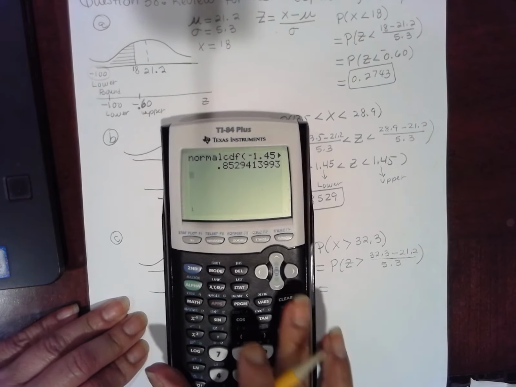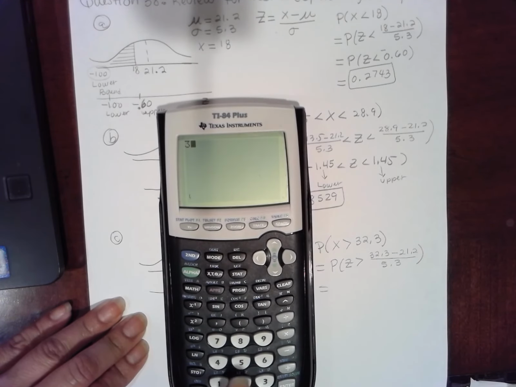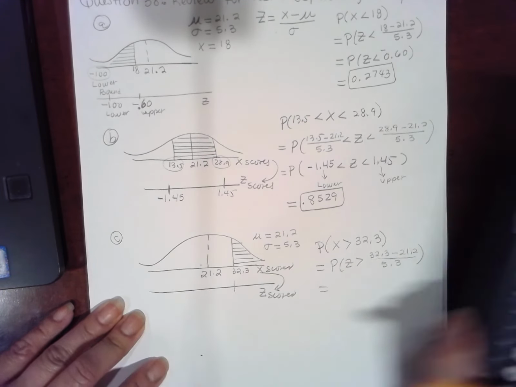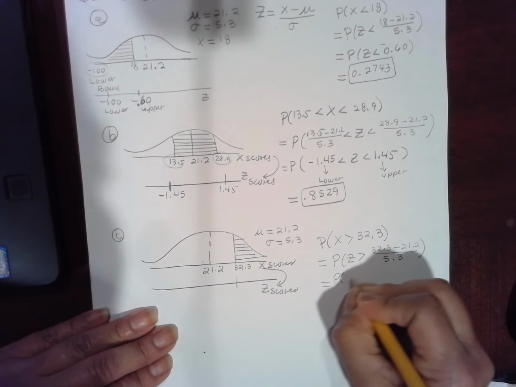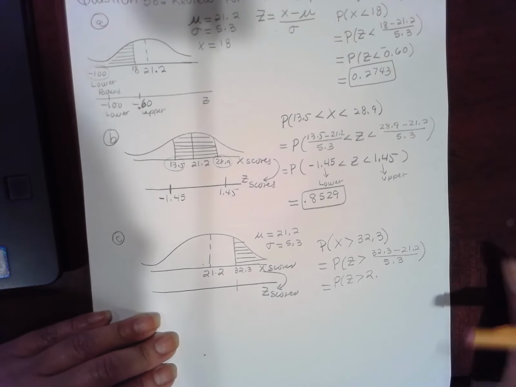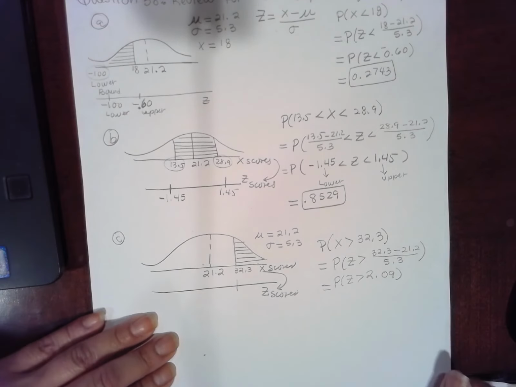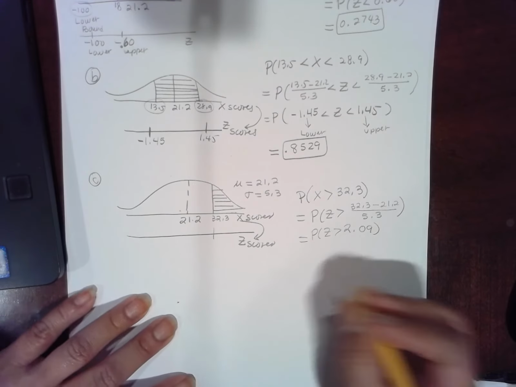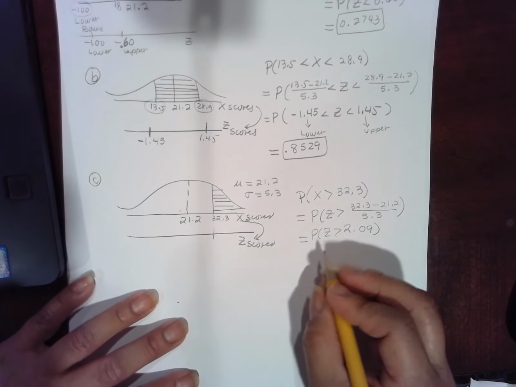So we'll enter that in the calculator. 32.3 minus 21.2, enter, divided by 5.3. That gives me 2.09. Again, the Z-score, you round it to 2 decimal places. Since it is greater than, if you were to use the Z-score tables, you have to do 1 minus the probability of being less. But I am using the calculator here.